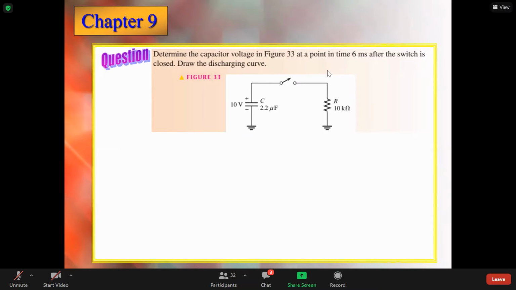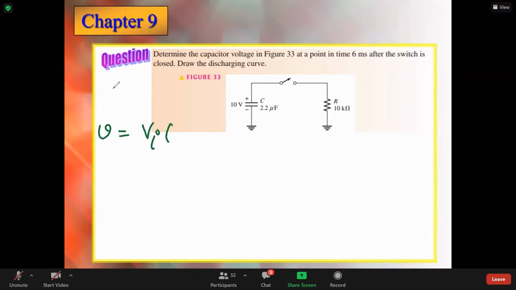No problem. The equation we were writing is V equal to VF plus (VI minus VF) e raised to the power minus t over RC.